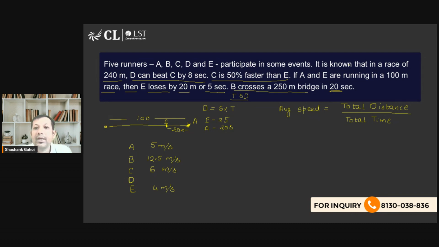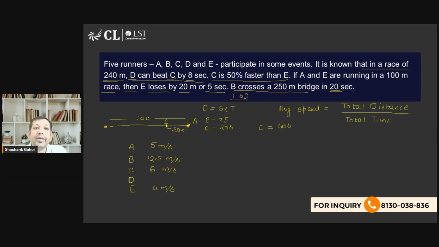It is known that in a race of 240 meters, D can beat C by 8 seconds. The speed of C is 6. Distance is 240. It means the time taken by C is going to be 240 divided by 6, or 40 seconds.